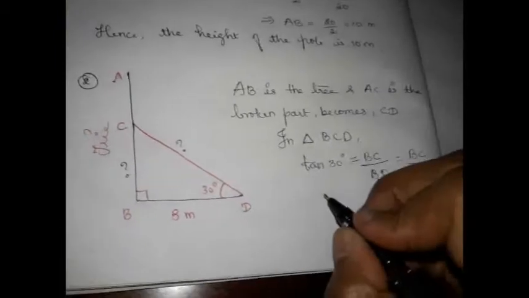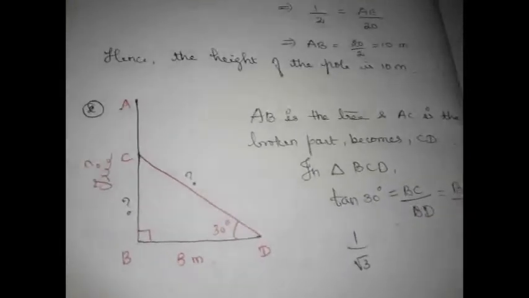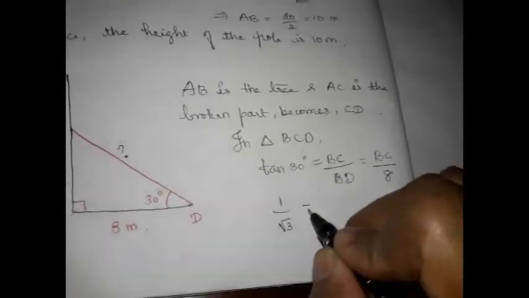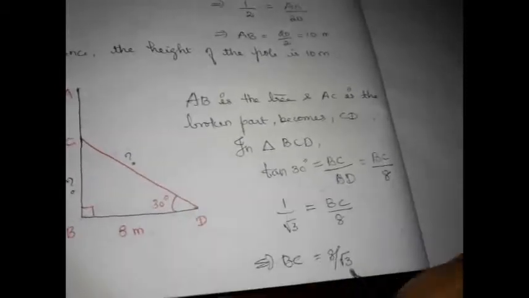BC we don't know, BD is 8. What is tan 30? Tan 30 is 1 by root 3. You should know all the standard angles. If you are unable to recall it immediately, you can draw the table in a corner of your answer sheet. Nothing wrong in that. Which is equal to BC divided by 8. Right? So this implies BC is equal to 8 by root 3. 8 by root 3. So we found what is our BC.